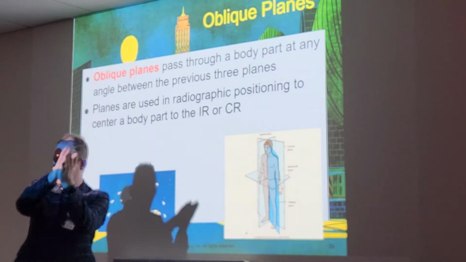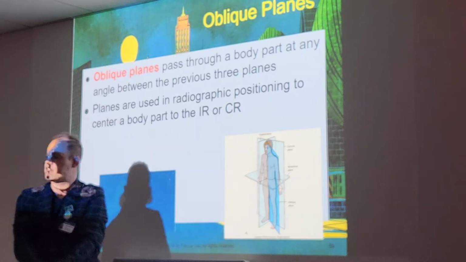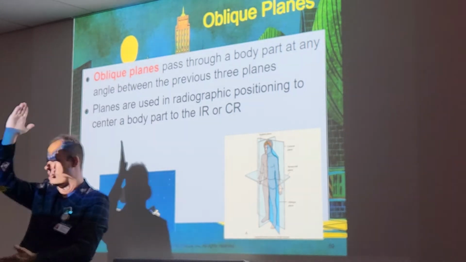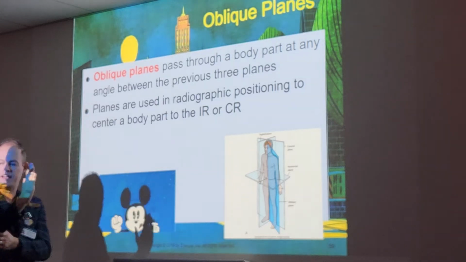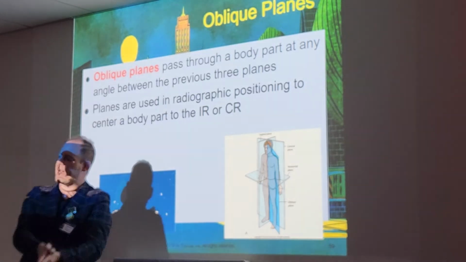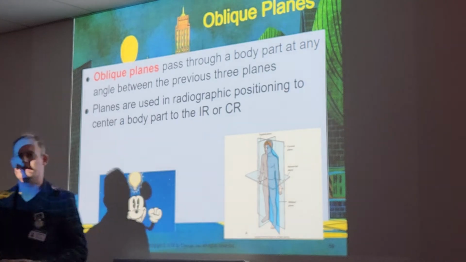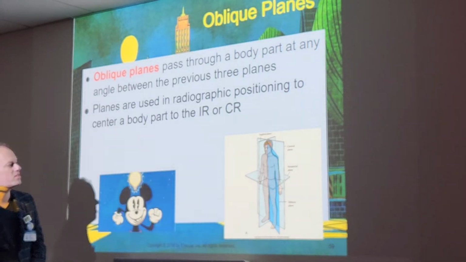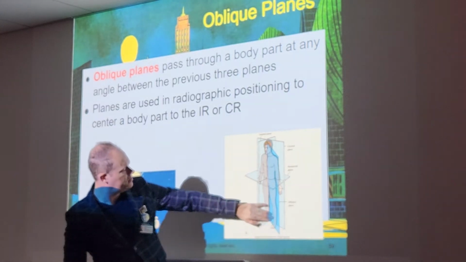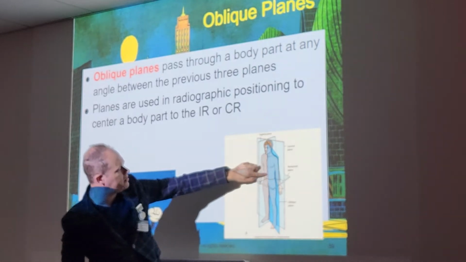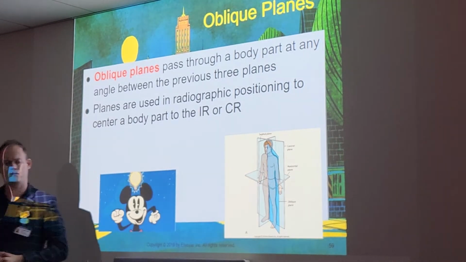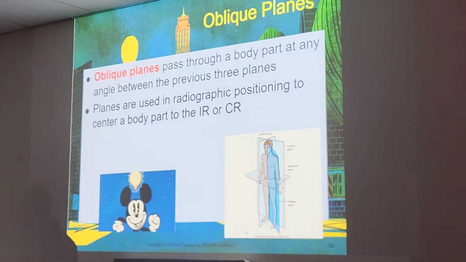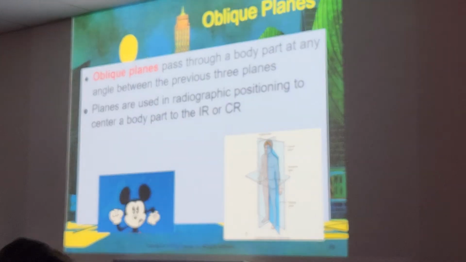It can be from any direction, any slanted slice, aside from the vertical slice, horizontal slice, coronal slice, anything else that's going diagonal is an oblique plane. That's what we see right here. Go through the body right here, that dark blue area. Probably the one we talk the least about is the oblique planes.